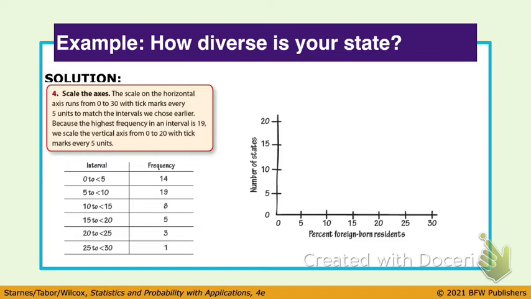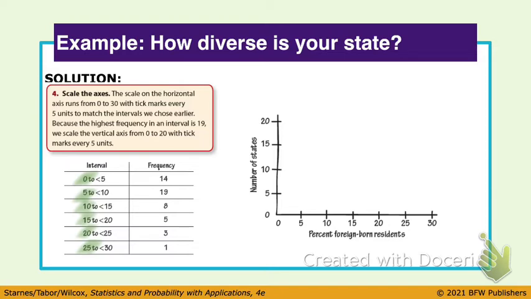Again, our intervals on the x-axis, we were going by 5s. So we had from 0 to just less than 5, and then 5 to just less than 10. Now, notice, guys, that your x-axis is basically just the beginning of each of the intervals.